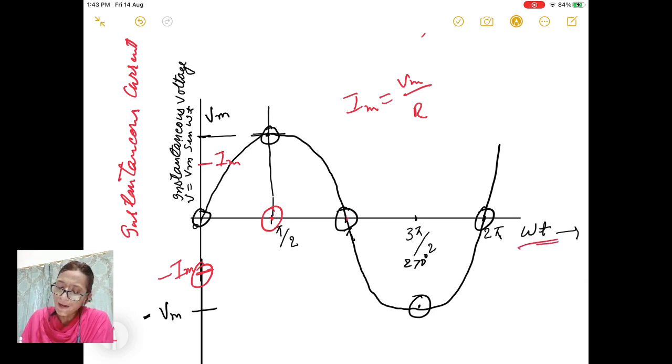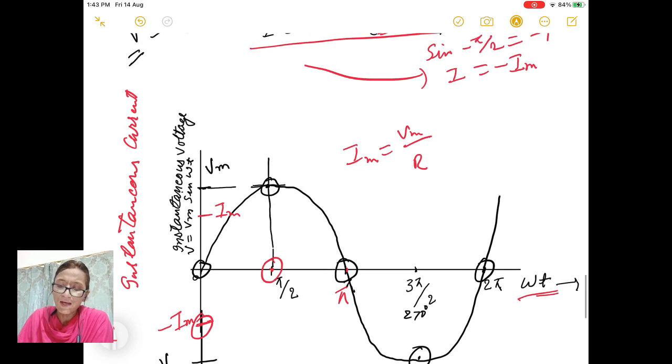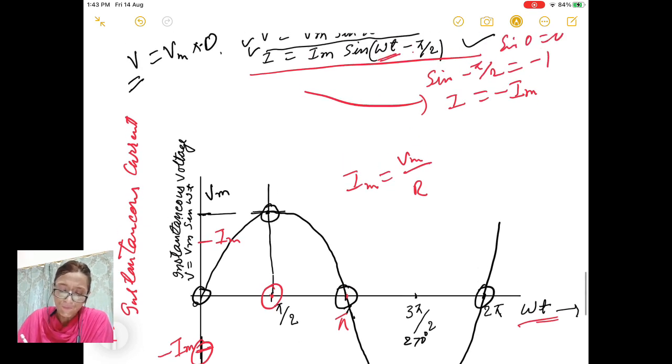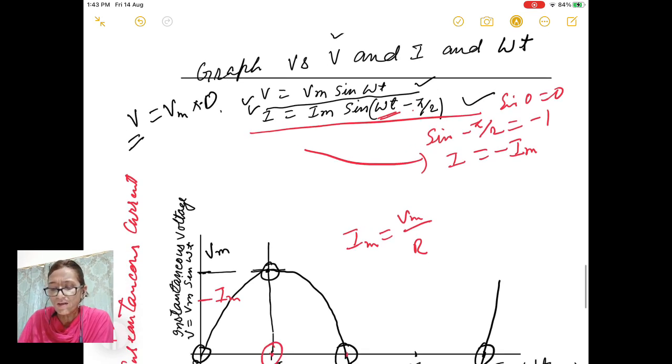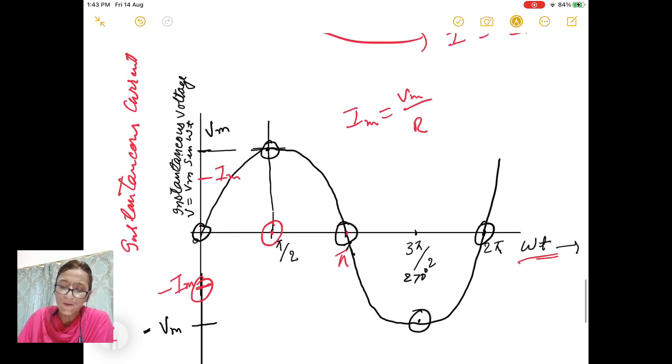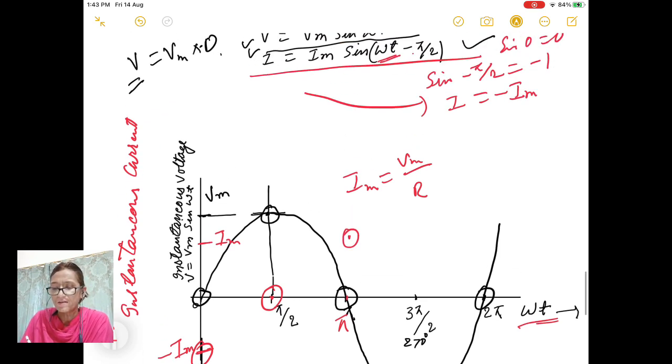So when your omega t is equal to pi, here, then current will be Im. Sine pi by 2 is equal to 1, so I is equal to Im. At this point you have the value of current as current amplitude. Here you get a point.